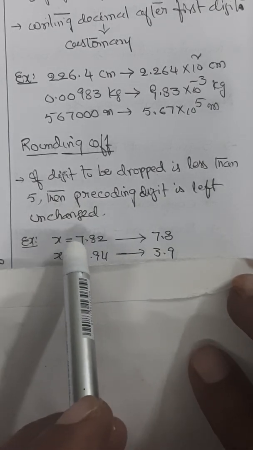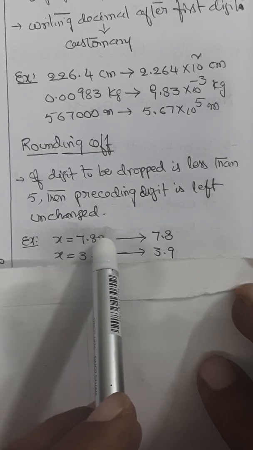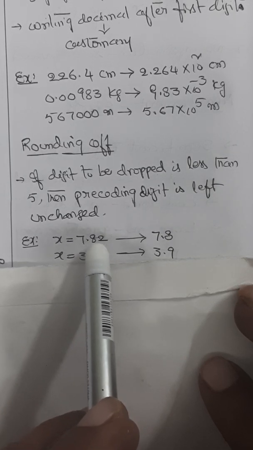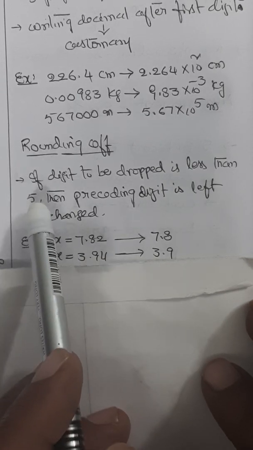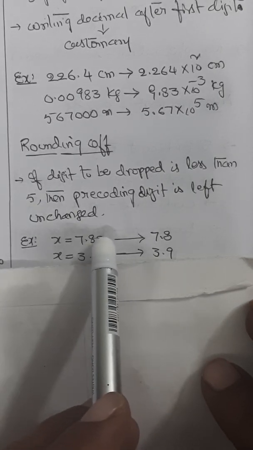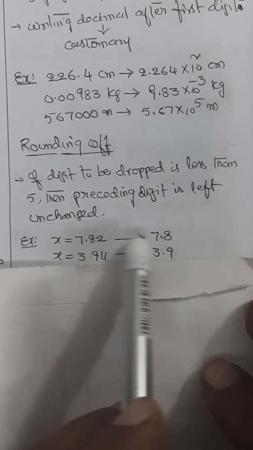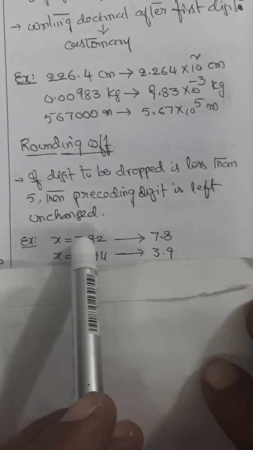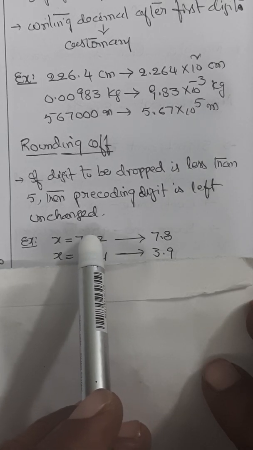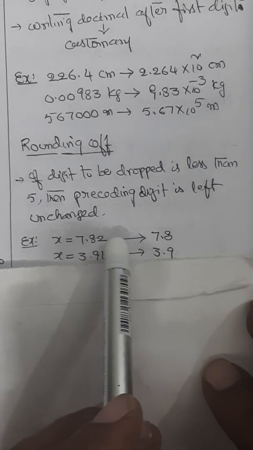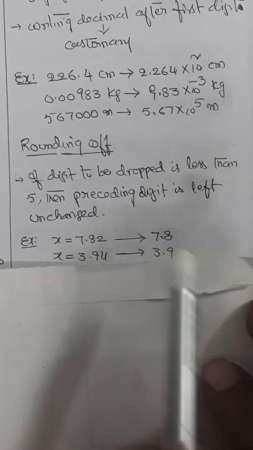For example, you have a value of 7.82. Now you want to drop 2. 2 is less than 5. Therefore the preceding digit, 8, should not be changed. So x equal to 7.82, if you want to round off, we will write it as 7.8.